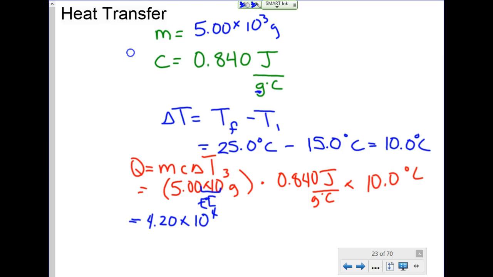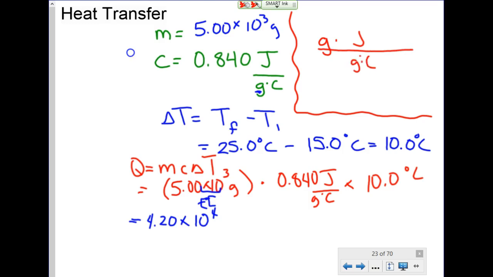Okay. So what I'm going to do is just rewrite the units over here so that we can see which ones will divide out. We have grams times joules over grams degrees Celsius times degrees Celsius.